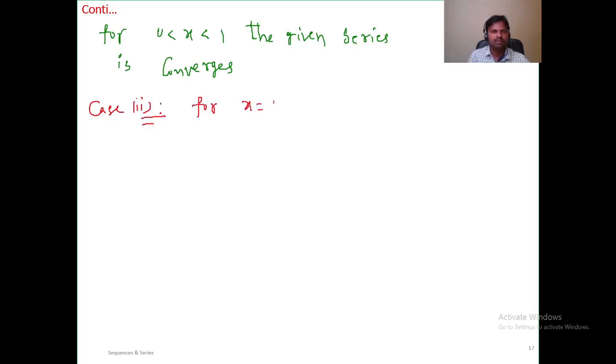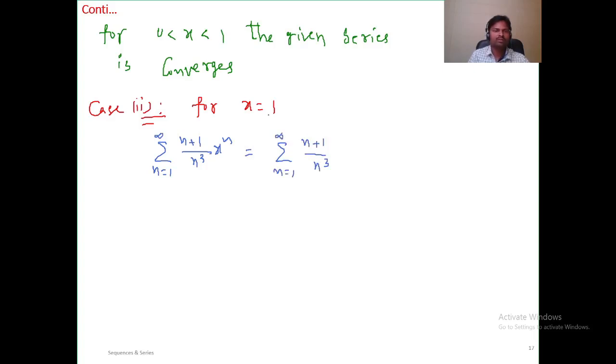Then what is the given series? The given series is n plus 1 upon n cube into x to the power of n, where n is running from 1 to infinity, right? Now if I substitute x is 1, it becomes n plus 1 upon n cube, where n is running from 1 to infinity.